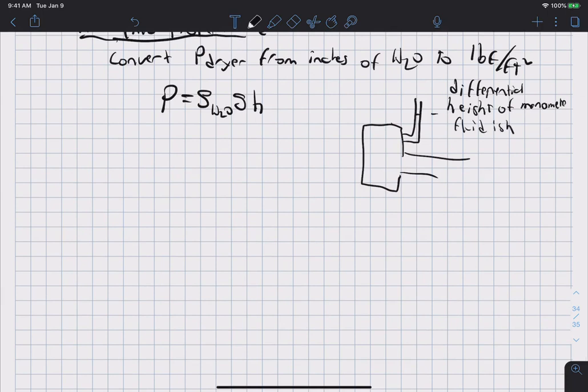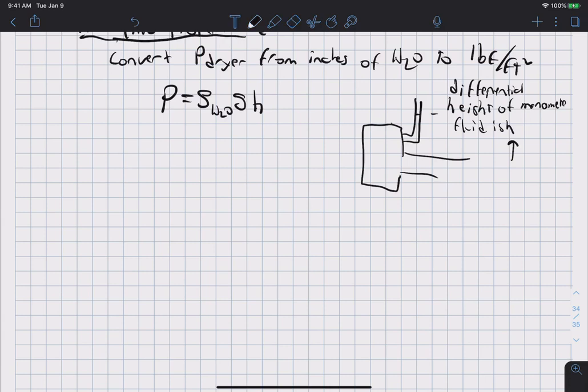And so when they say that the pressure is 0.2 inches of water, that means that the differential height of a manometer that is attached to the side of the device, that it's filled with water, and the differential reading is 0.2 inches.